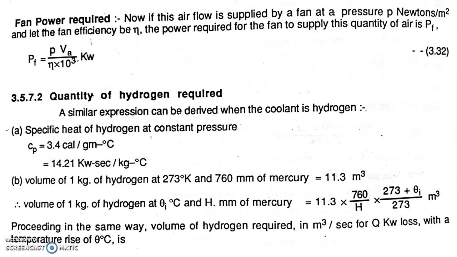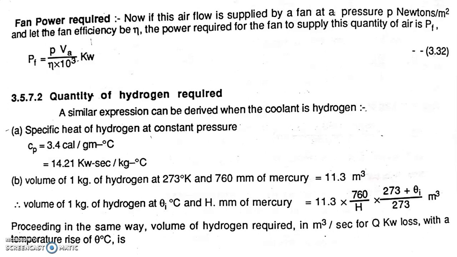Next, quantity of hydrogen required. As we saw in the previous part, here also you have to calculate with Cp for hydrogen, which is a standard 3.4 calorie per gram degree Celsius. Again, you have to convert it into kilowatt second per kg degree Celsius. By converting it, you will get 14.21.